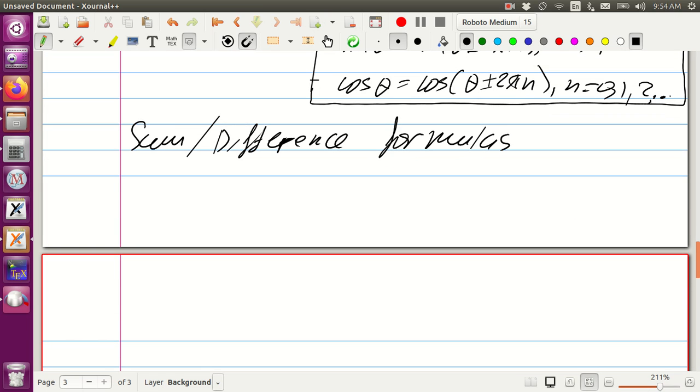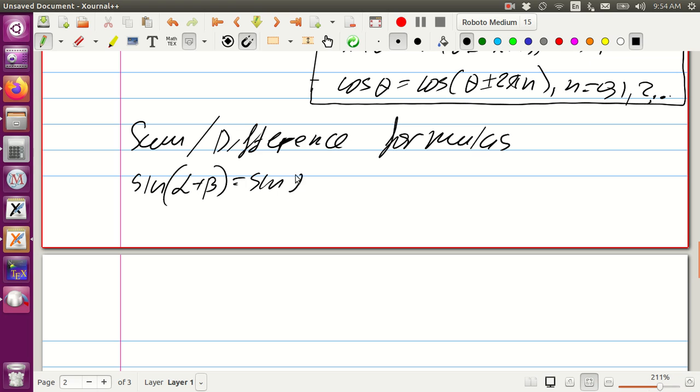Sum and difference formulas would work like this. If you want to calculate sine of alpha plus beta, it's going to be sine of alpha times cosine of beta plus cosine of alpha times sine of beta.